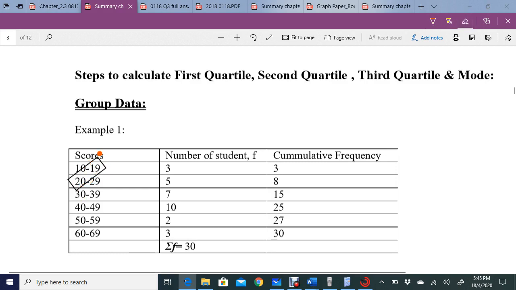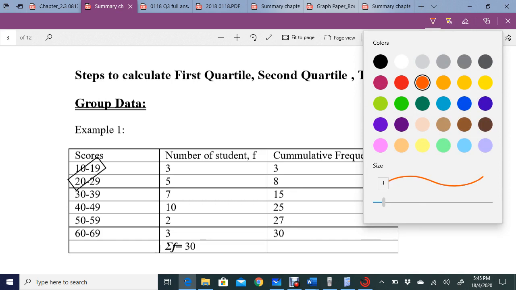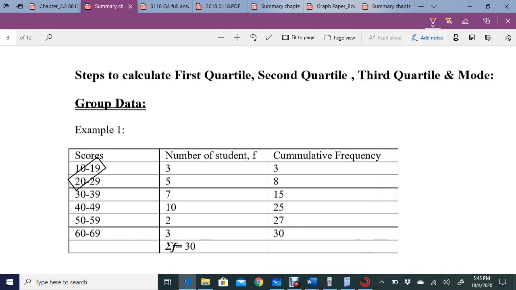For example, if you want to highlight the first class, the lower boundary will be 9.5 and the upper boundary will be 19.5. Same goes with the second one: lower boundary 19.5, upper boundary 29.5.